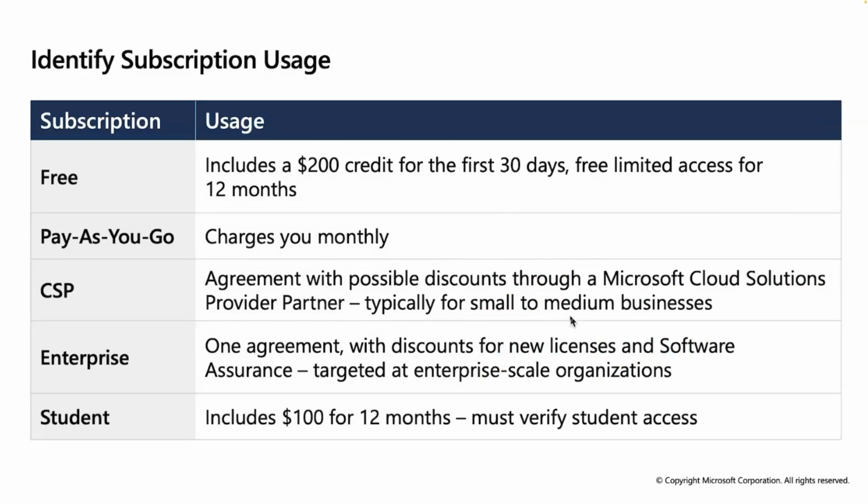Subscription usage, you can identify the free services as I mentioned in the previous section. So the first time you create one, you get $200 credit, and you need to use it within 30 days. Free unlimited access for 12 months on certain services. You can always go with pay as you go. Pay as you go normally works a bit expensive compared to your commitment.